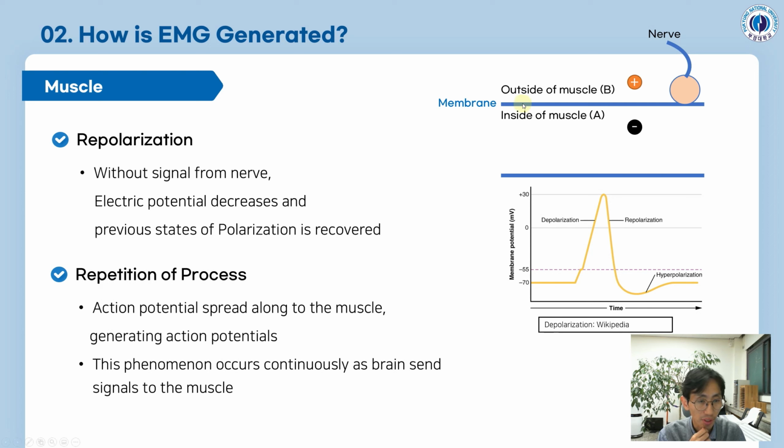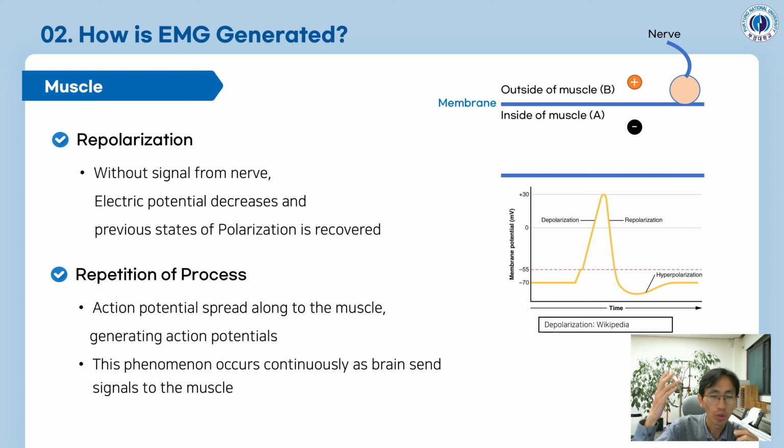Especially here, when the nerve signal comes, the action potential starts at this point, and this action potential starts to spread along the muscles. When we try to move our muscles, we do not just think once, in 1 millisecond or 0.1 millisecond.